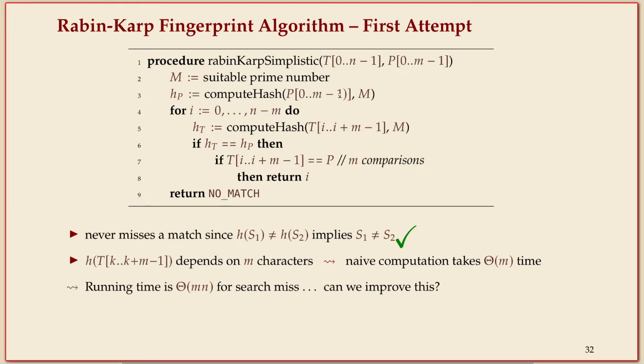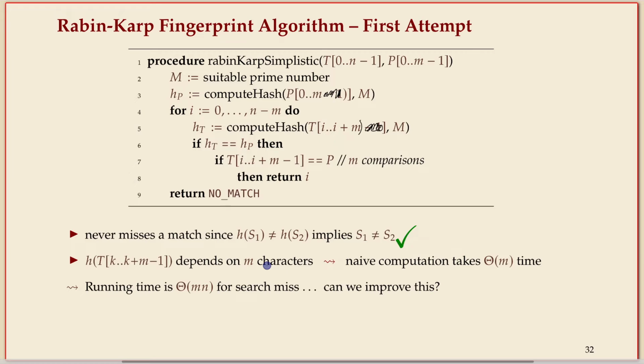We compute the hash. If the hashes agree, I still have to check if there's an actual occurrence. And otherwise, I continue. The code is correct. It does what it's supposed to do.